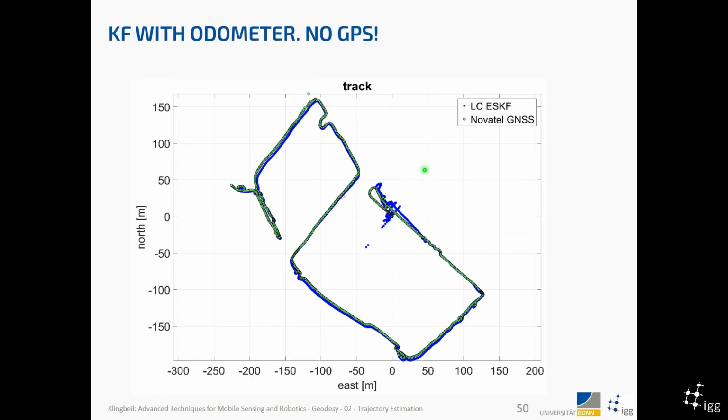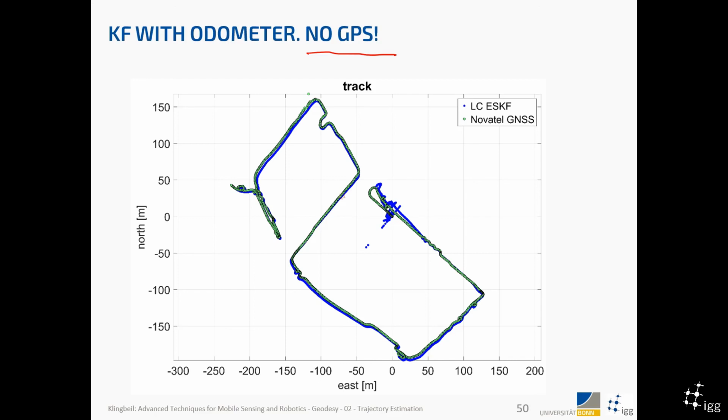Another interesting thing is that if you add an odometer measurement, but still no GPS, right? Just add the odometer to the strap-down integration. This is now a Kalman filter with a strap-down integration as system model and odometry as measurement.